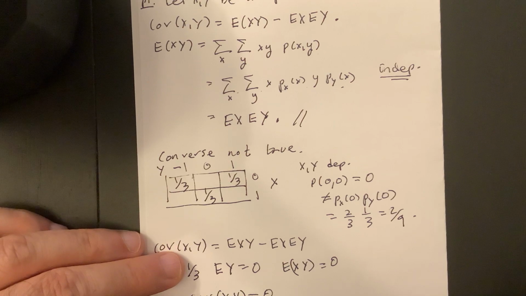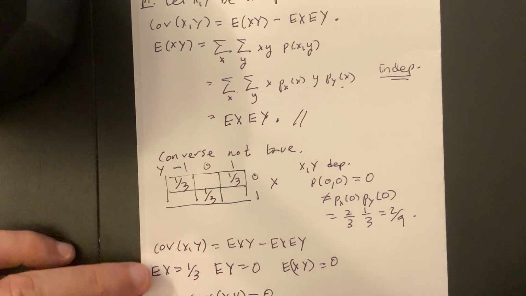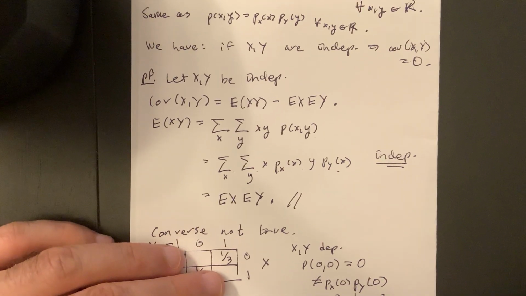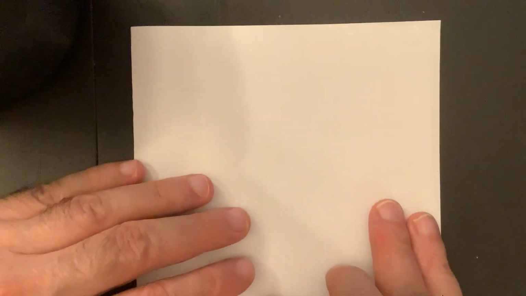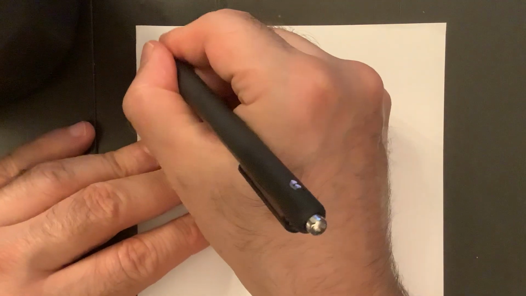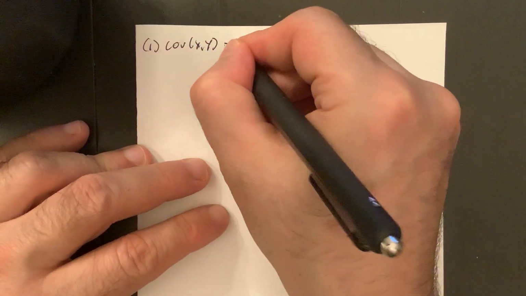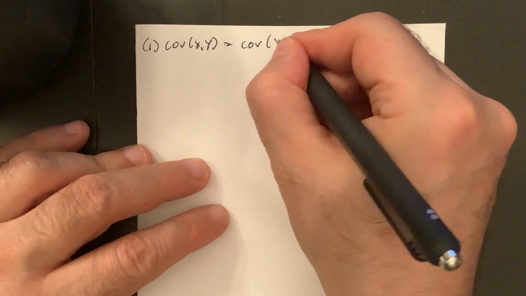All right, certainly true. Okay, now we have to get into some properties of covariance, which will be very helpful going forward for the rest of the course. So we have 4, they're easy too. So 1, covariance XY equals covariance YX.